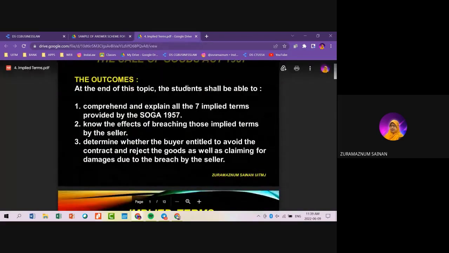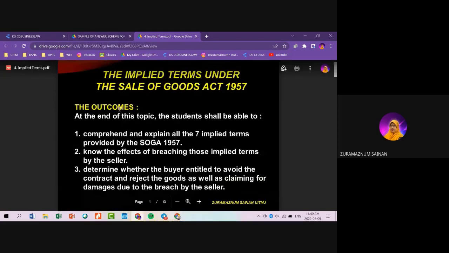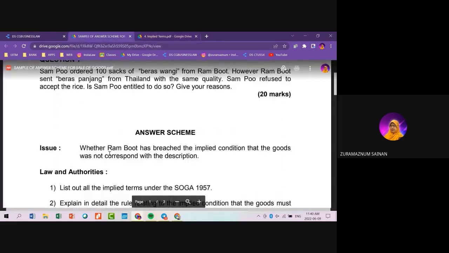At the end of the topic, students shall be able to know the effects of breaching those implied terms by the seller. Maknanya implied terms ni kita nak tengok seller salah ke tidak. Breach ke tidak. Itu je. So kalau dia breach, whether buyer entitled to avoid the contract, to reject the goods, to claim damages due to the breach by the seller. Okay, so itu the outcomes. Jadi maknanya kat sini, dia related lah dengan your issue.